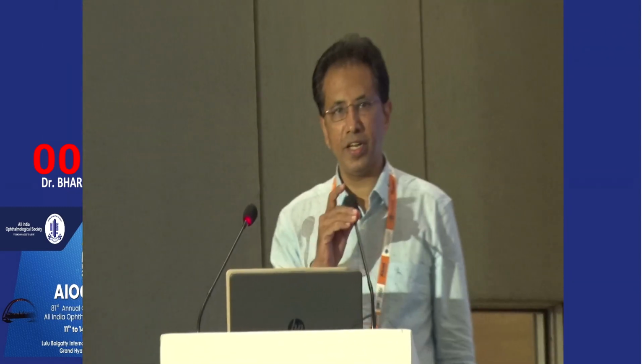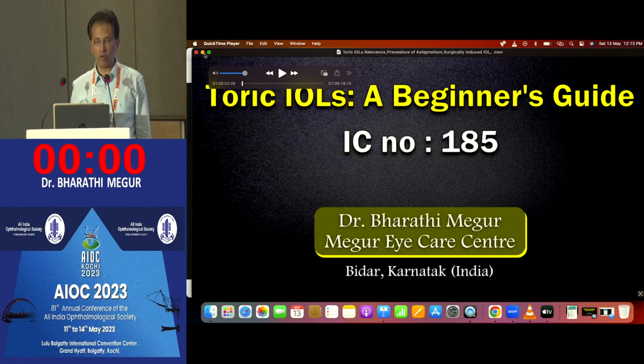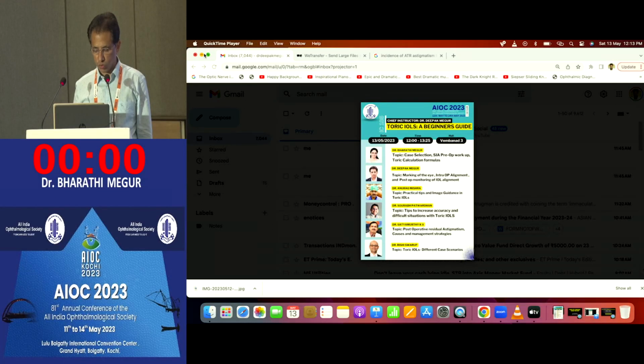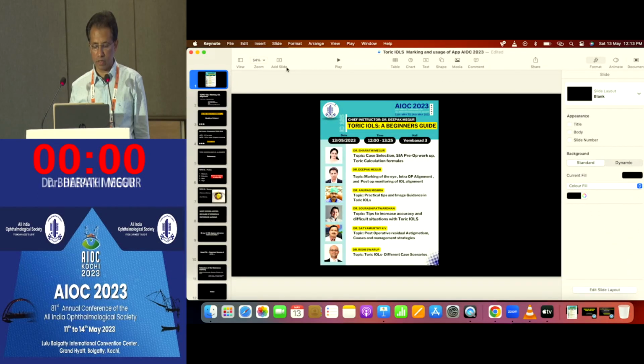So I think the first take-home message from this presentation is that, as we know, when you begin our practice, we may not have the financial resources to have every gadget which is ideal to practice. But even with a simple auto K reading, you can start doing the toric lenses. The beauty of this is, the margin for error is quite significantly high.